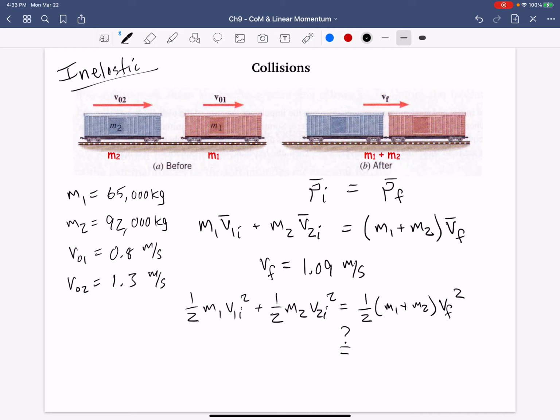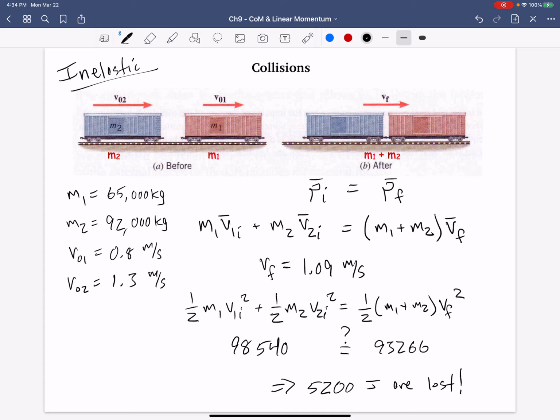In fact, you'll see that about 5,200 joules of energy are lost. That's a considerable amount, right? Initially, let me go ahead and plug in the numbers I got. 98,540 and then 93,266.